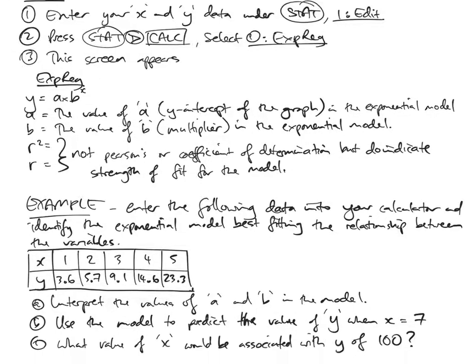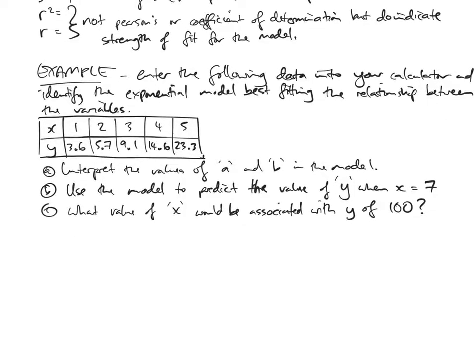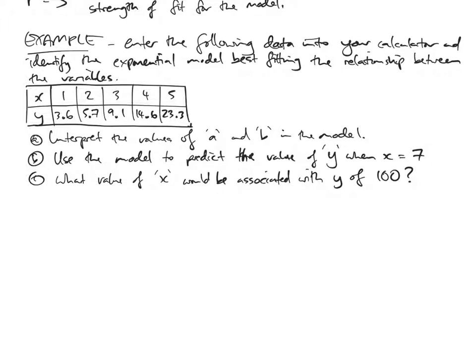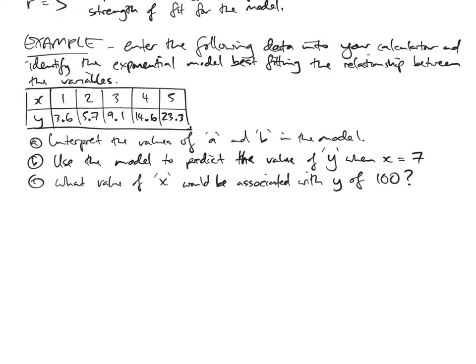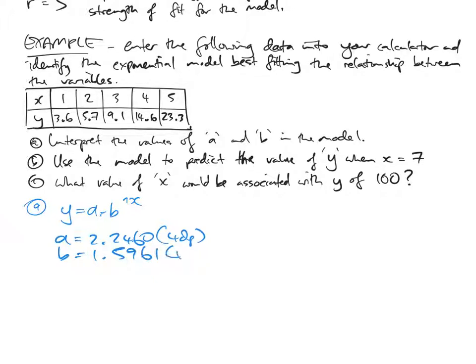It tells you what A and B are, and then you can state the model from that. A is equal to 2.2460 to 4 decimal places, and B is 1.5961 to 4 decimal places.